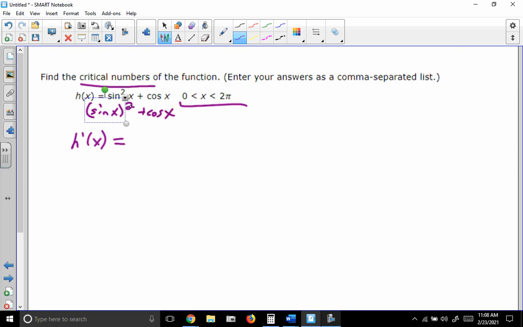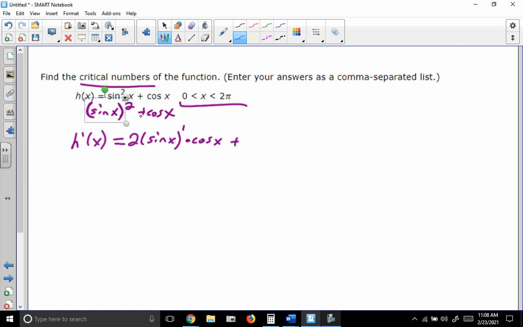We rewrite it like that because we have to use the chain rule to take this derivative. The outside function is something squared, so we bring the 2 down. We do sine to the 1 less power, and then times the derivative of the inside. The derivative of the inside is cosine.